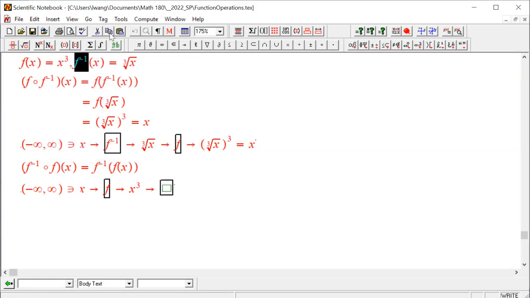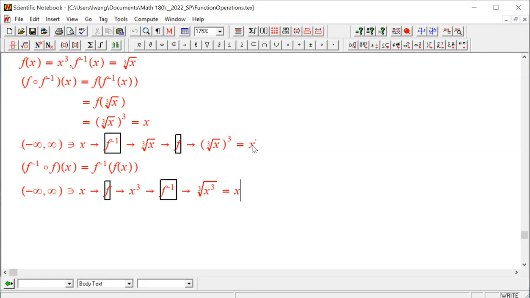The f inverse rule says whatever input you give me, I'm going to take a cube root of your input. And what does that equal? It equals x again.